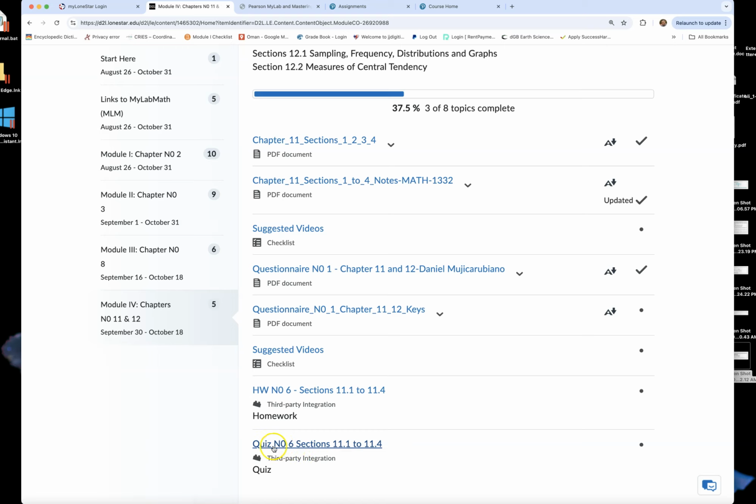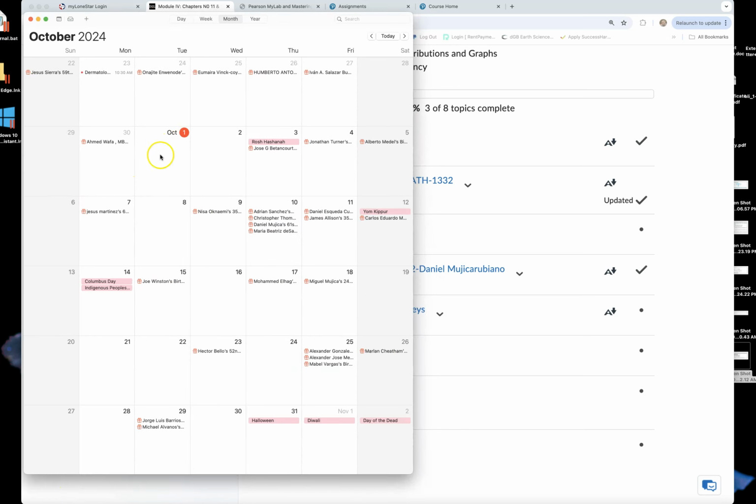Take into account that these 2 assignments are due on October 8th. Because this homework is available today, I'm giving 1 additional day, so it's due next Tuesday, October 8th.